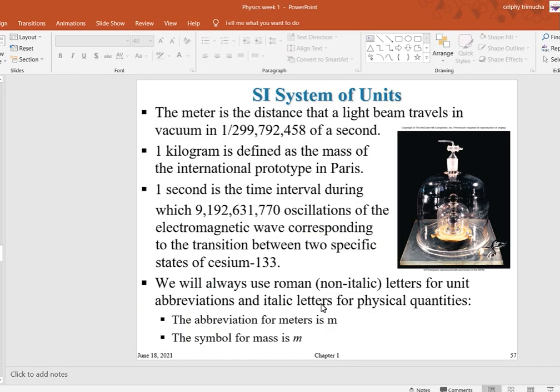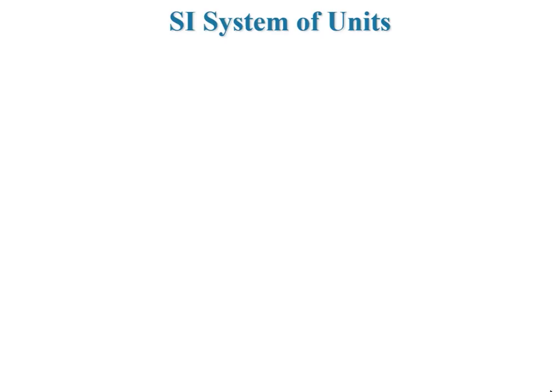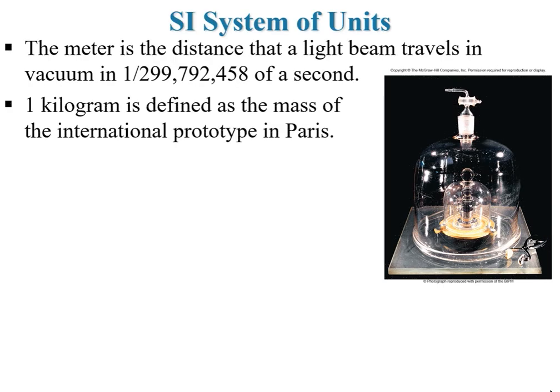Okay, so take note, what we just mentioned are the basic units of the SI system. The meter is the distance that a light beam travels in 1/299,792,458 of a second, which is concerned with the speed of light. A kilogram is defined as the mass of an international prototype in Paris.